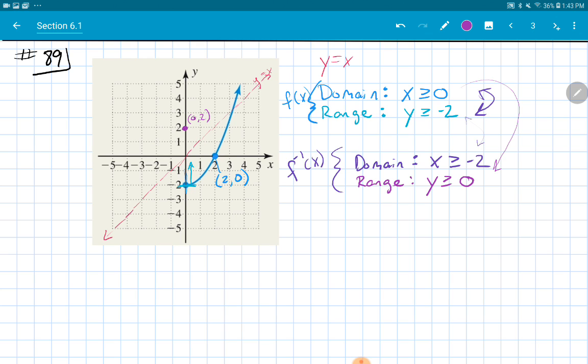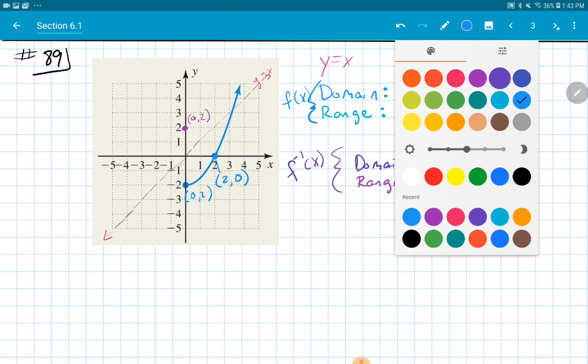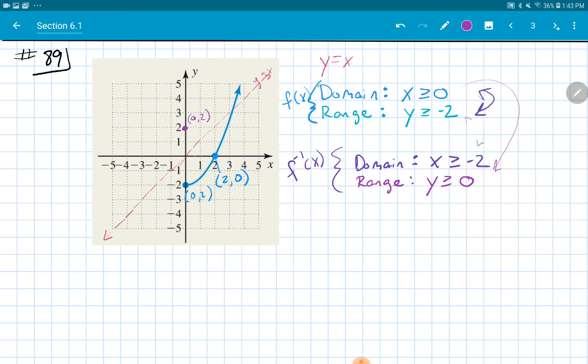And let's find another point that is convenient. How about that starting point of 0, 2? So that means on my inverse, I'll have 2, 0.